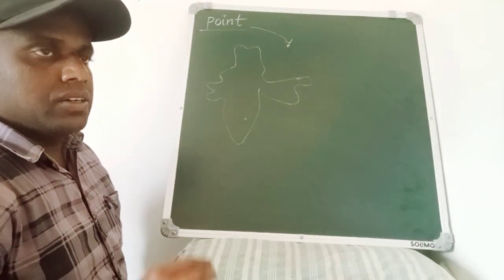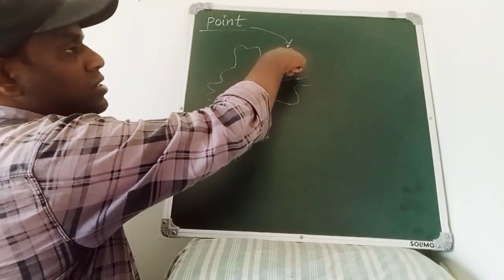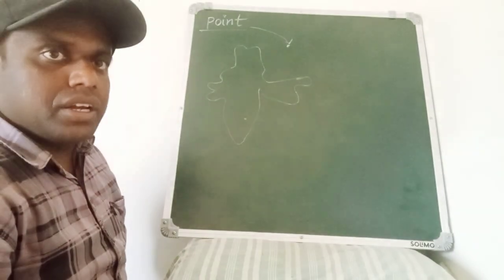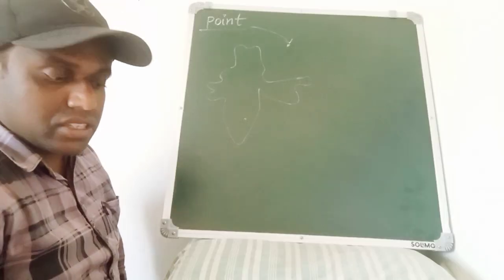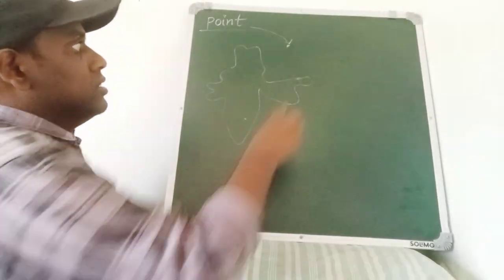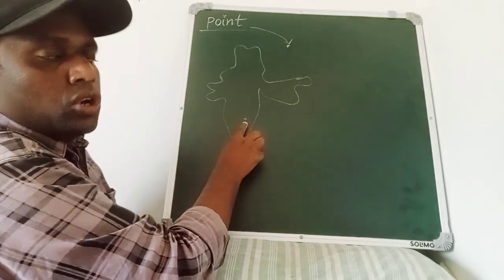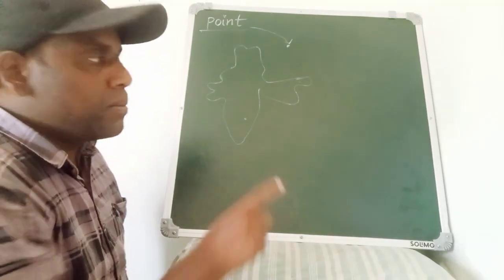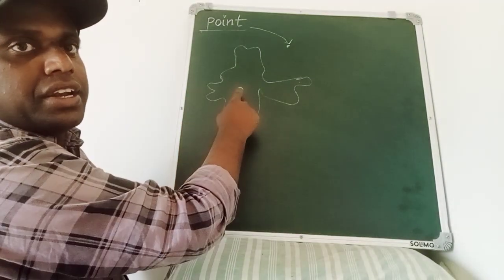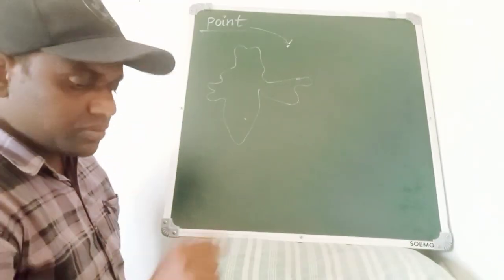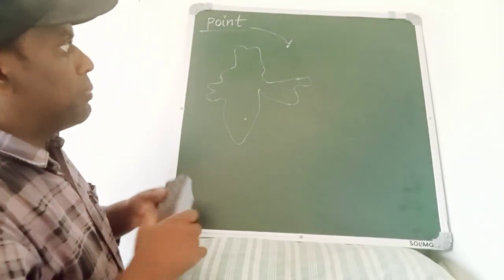Got it right? Now summary. So this is the point. Point has no length, no width, no height like this charger. And this point is used to show location on the map. This is the India map. Next we'll move to the next topic.